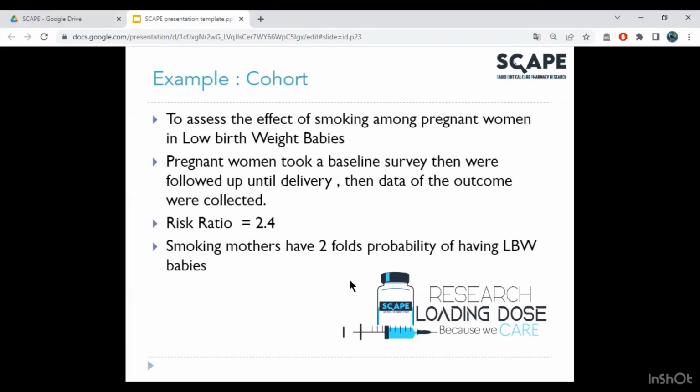If I complete the sentence, I have to say compared to non-smoking mothers. I may rephrase this sentence: smoking mothers have 2 times the risk of having low birth weight babies compared to non-smoking mothers.